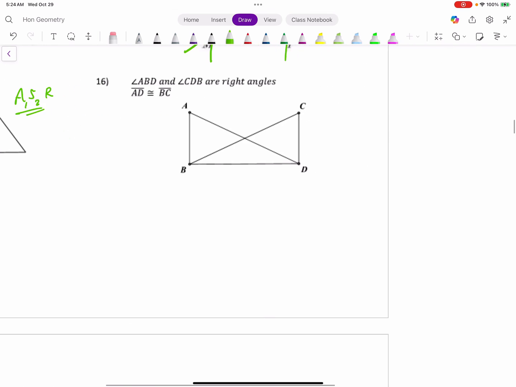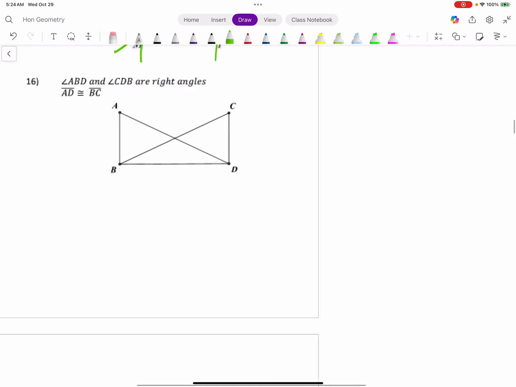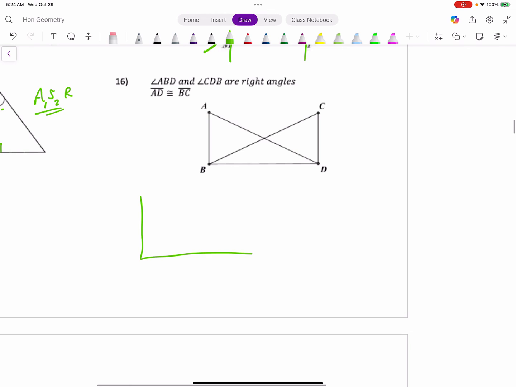This one, triangle ABD and CDB. Again, these are overlapping, so I think it's worth drawing these out. Angle ABD and angle CDB are right angles. We know that. They share this side right here in common. But that's all we know.